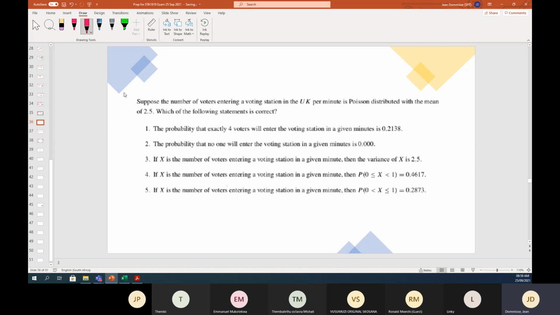So in this one, let's see. Okay, so there again they tell us it's Poisson. Suppose the number of voters entering a voting station in the UK per minute is Poisson distributed with a mean of 2.5.